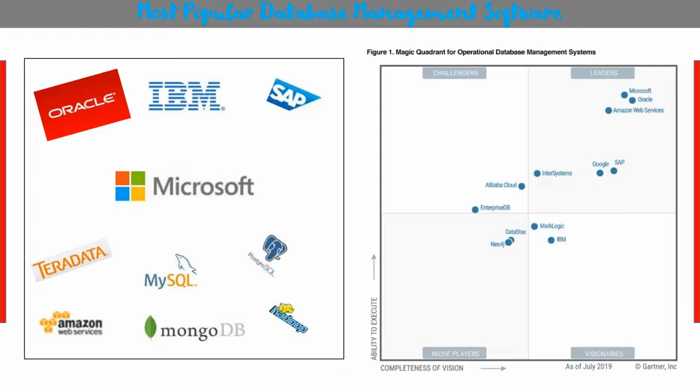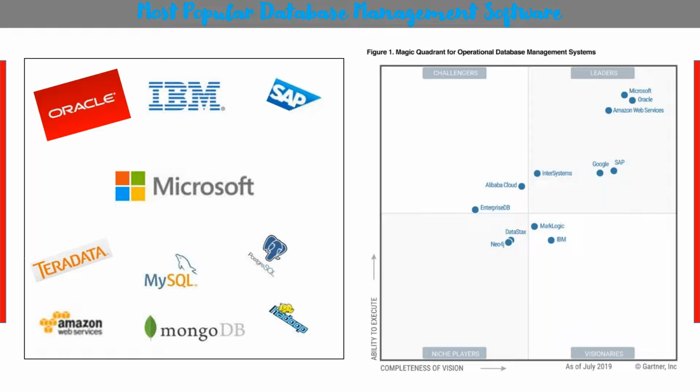Look at the Magic Quadrant of operational database management systems. They conduct a survey throughout the globe on which is the topmost database management system. Microsoft. I am not telling you that you need to learn only SQL Server; this is a survey conducted globally.